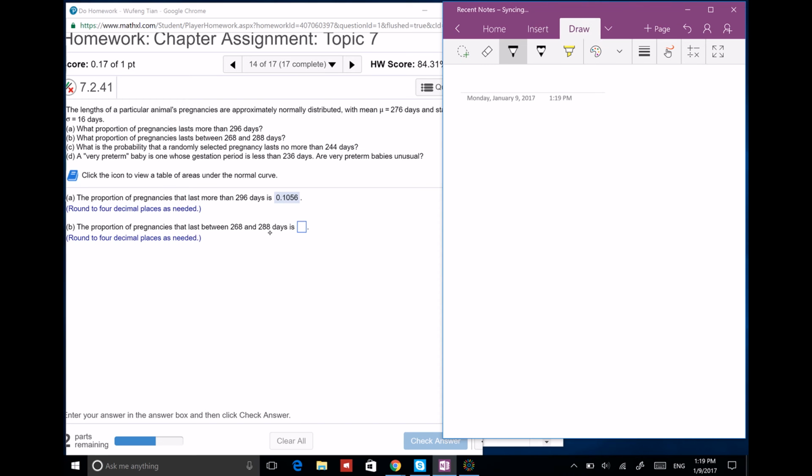Okay. The second one would be the same idea. I would not repeat it again. So you would do probability of x less than 288 and bigger than 268. So what do you do?